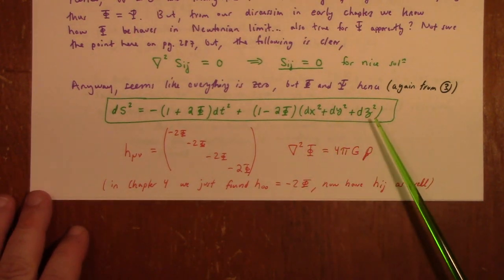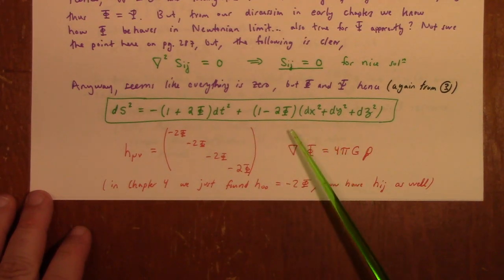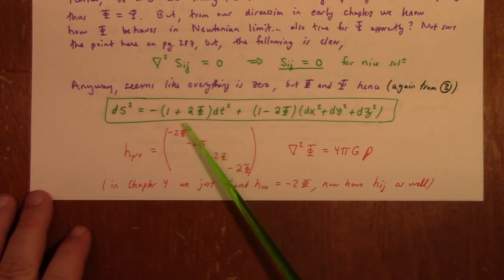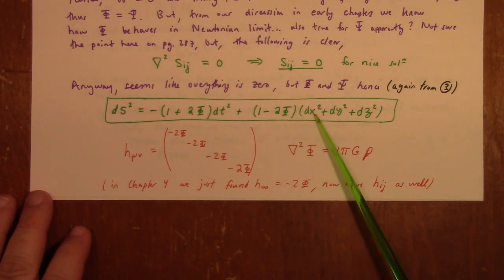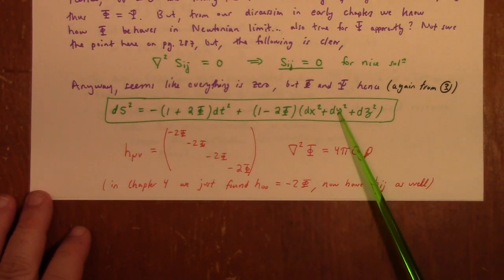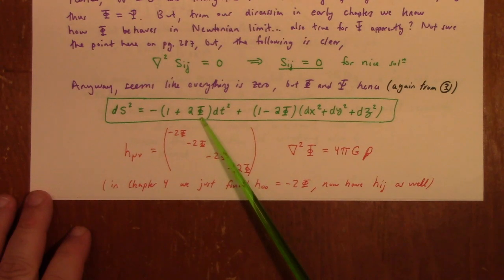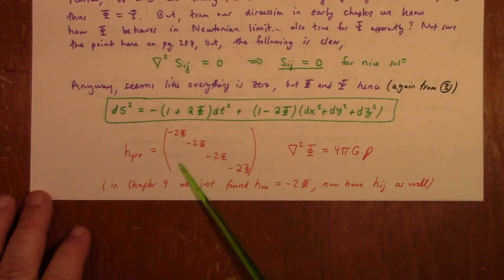And in fact, if you peel off the minus 1 here and the 1 here, that gives you the Minkowski metric, right? And then plus terms with phi. So that means that h mu nu is this minus 2 phi, and then you get this minus 2 phi, minus 2 phi, minus 2 phi.